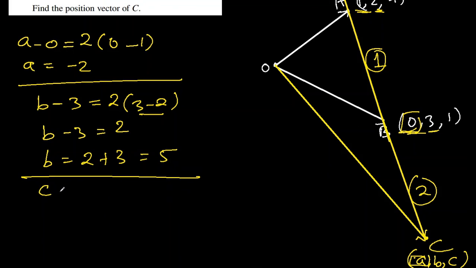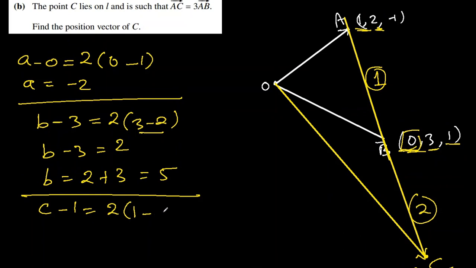Now c's turn. c minus 1 will be twice of 1 minus minus 1. So that is 1 plus 1, 2 times 2 is 4. c minus 1 is 4, so c becomes 4 plus 1, that is 5.